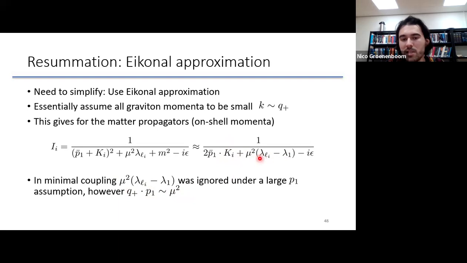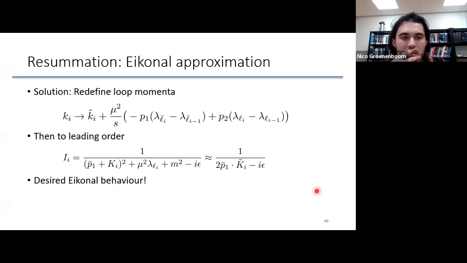So these terms are of equal order, and we definitely cannot remove it just like that. However, we do need some simplification still because the scalar L is in there, so we cannot do the resummation. So the solution that we found is to redefine the loop momenta to not be the natural momentum.